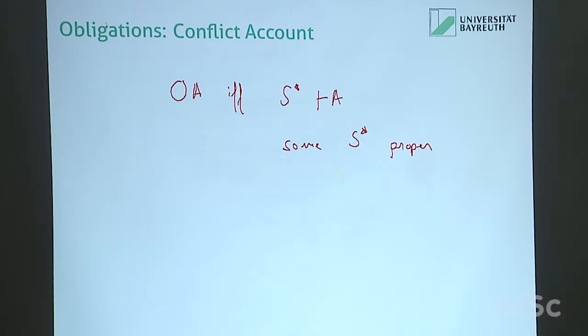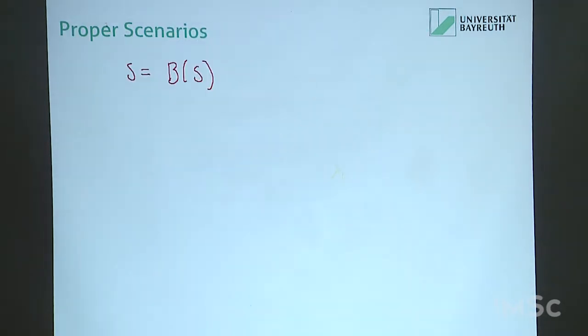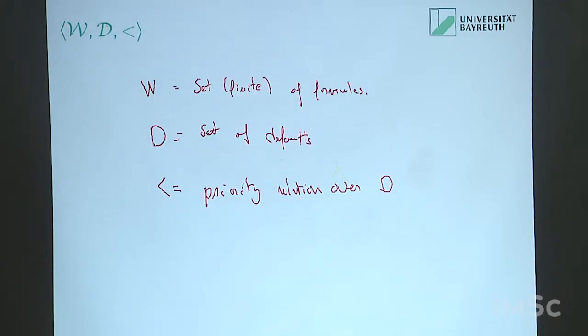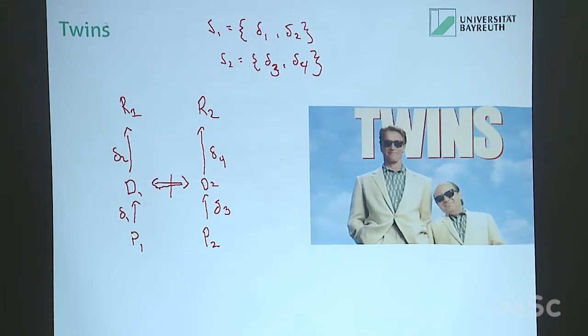Okay, and of course this is called a conflict account, not for nothing, right? Because in the twin case, for instance, well, there's one proper scenario where I go to restaurant 1 and I make a reservation there with twin 1, and there's another one where I do the opposite thing. I go with twin 2 in restaurant 2 and I make a reservation, right?